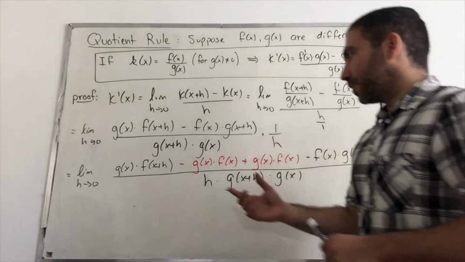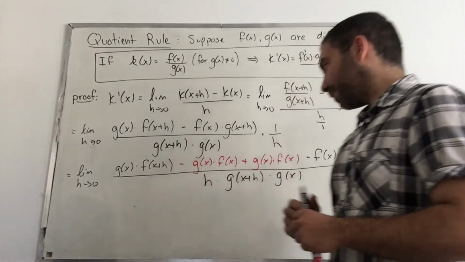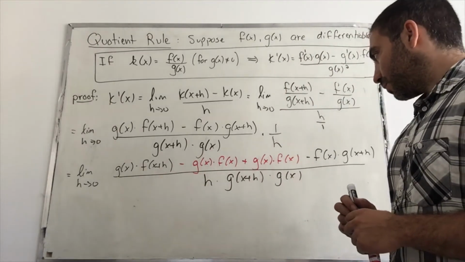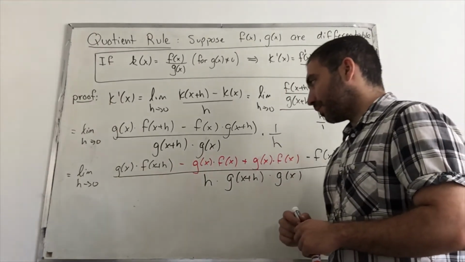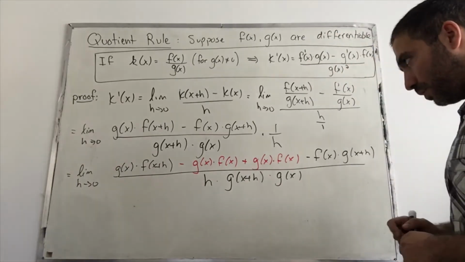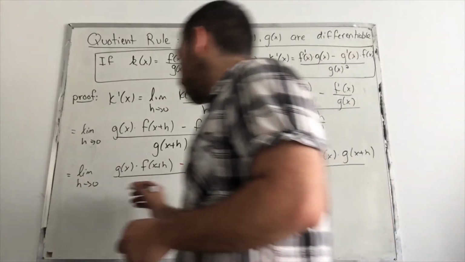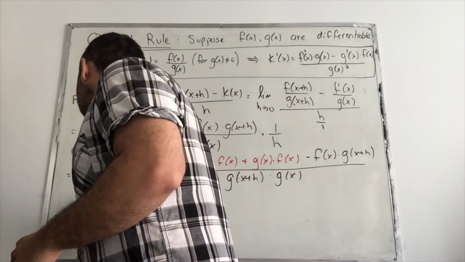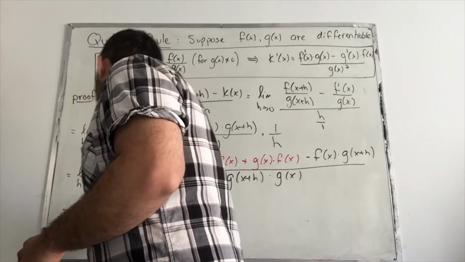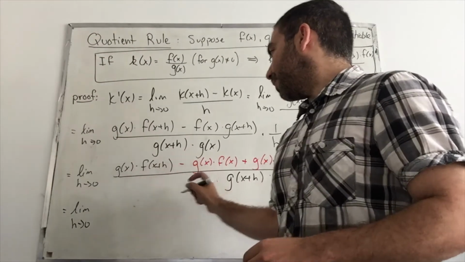So if we look at the first term here, what we could do is factor out a g of x. So this is equal to the limit as h tends to 0. Looking at the first term, we factor out a g of x.